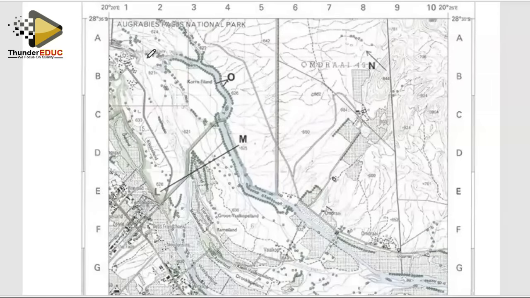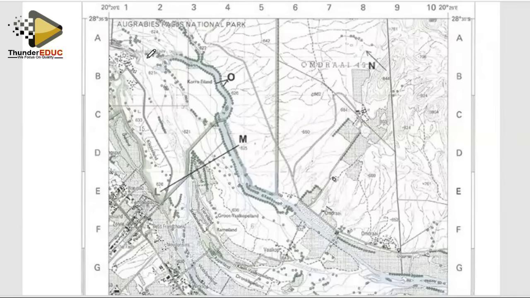When we talk of intervisibility, we are saying you are able to see one point from another. For you to be able to see, remember our sight is only straight. We cannot have a curved visionary line. Our visionary line is always straight.